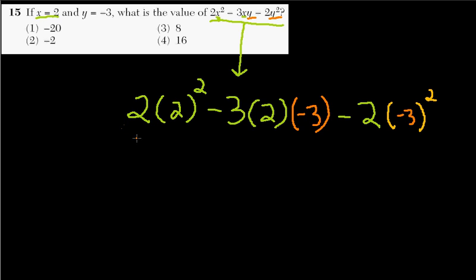So we end up with 2 times 2 squared is 4. That's multiplication dot. Minus, now 3 times 2 is 6. Right? 6 times -3, kind of taking this real step by step, and then minus 2 times, now -3 squared.